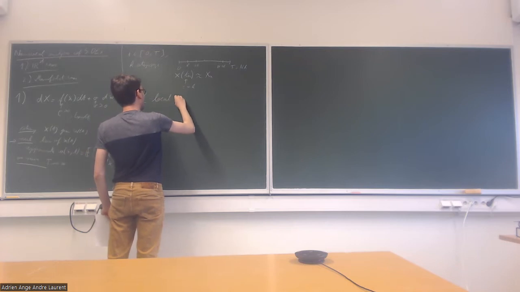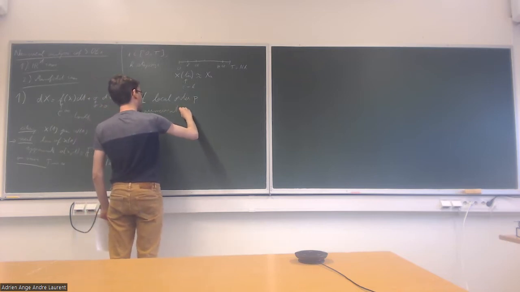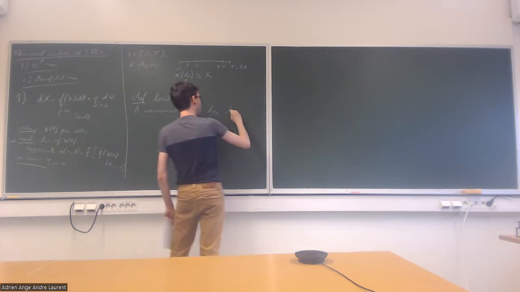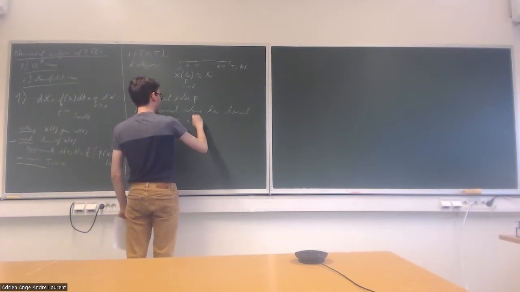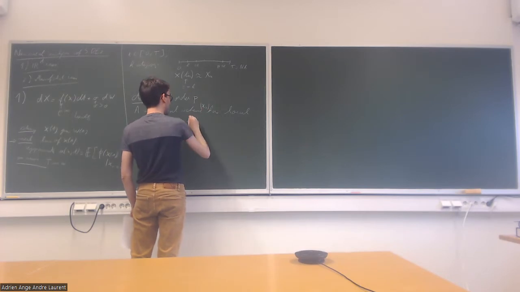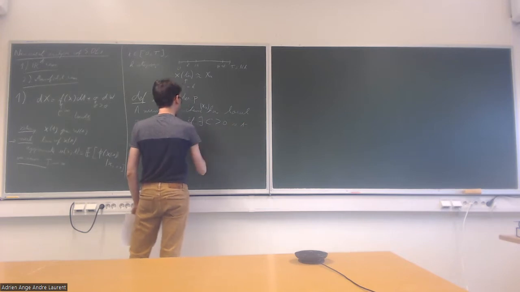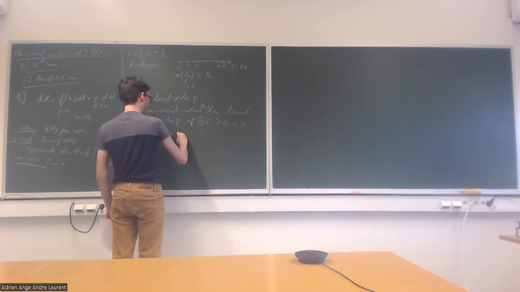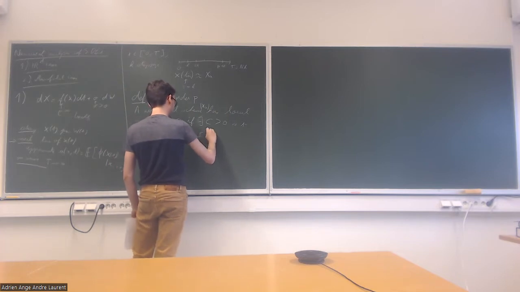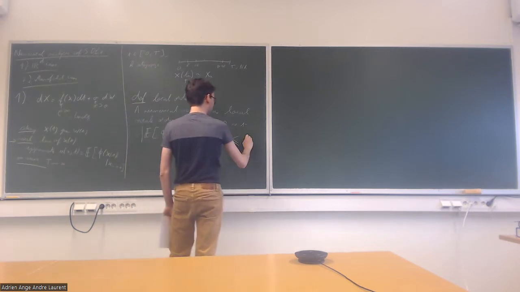is a local order of a numerical scheme. A numerical scheme has local weak order p in X_n if for all n there exists c such that the absolute value of the expectation of phi of X_1 minus the expectation of phi of X(h) is less than c h to the p plus 1.